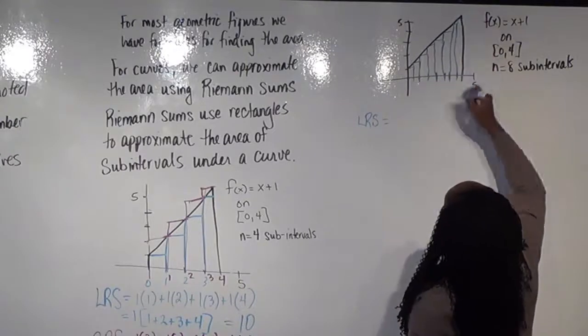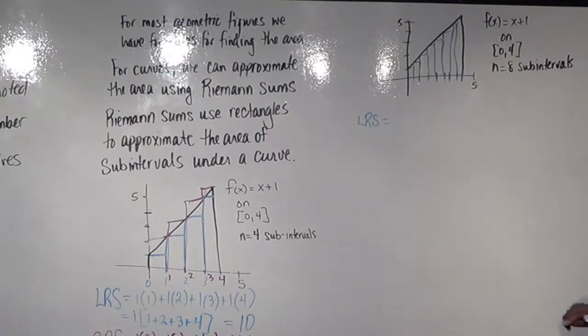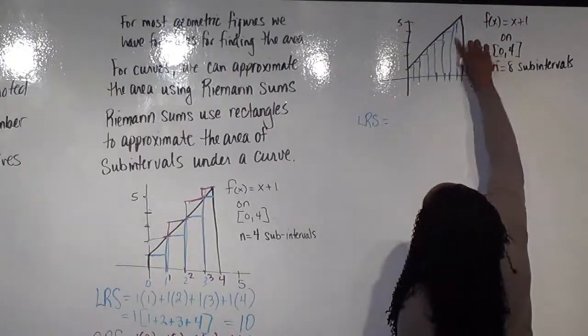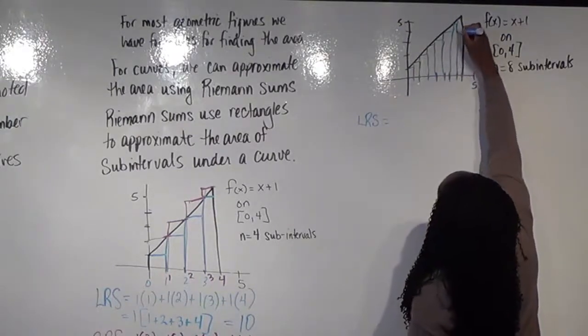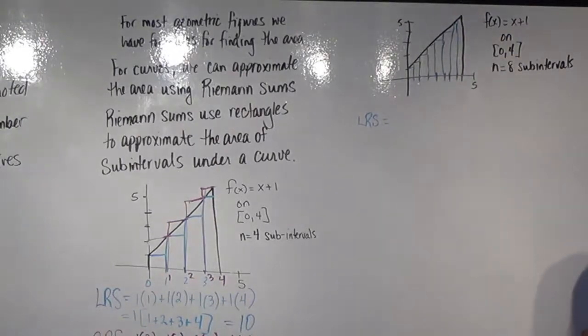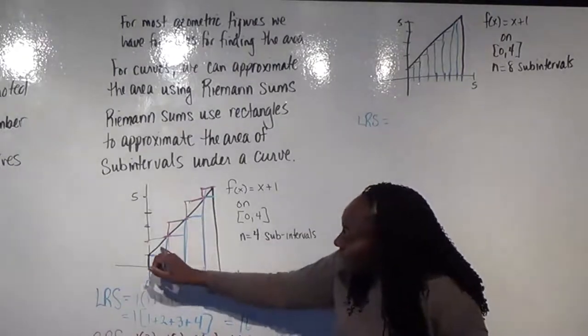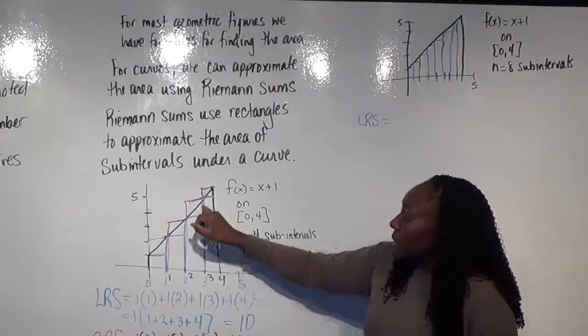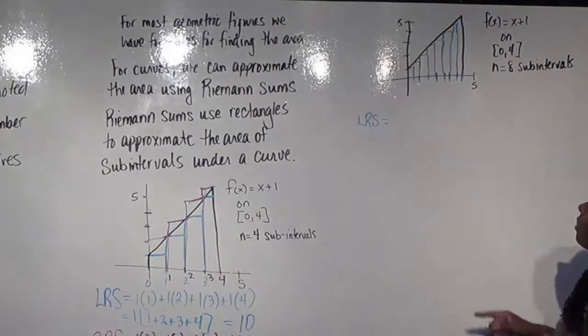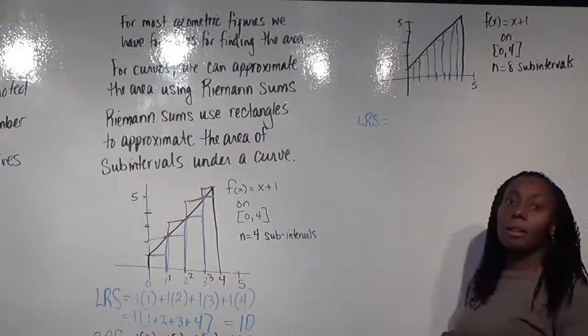Okay, and so one of the things you can see is, well, obviously there's more rectangles that we're looking at, but if I look at the difference between the open spaces between my curve and the rectangles, they're a lot less over here.